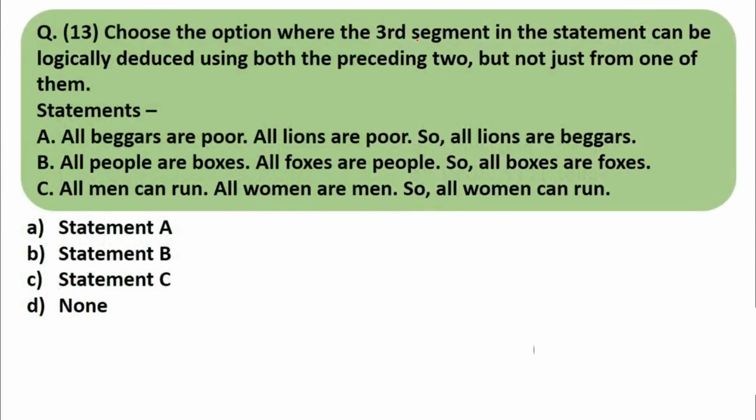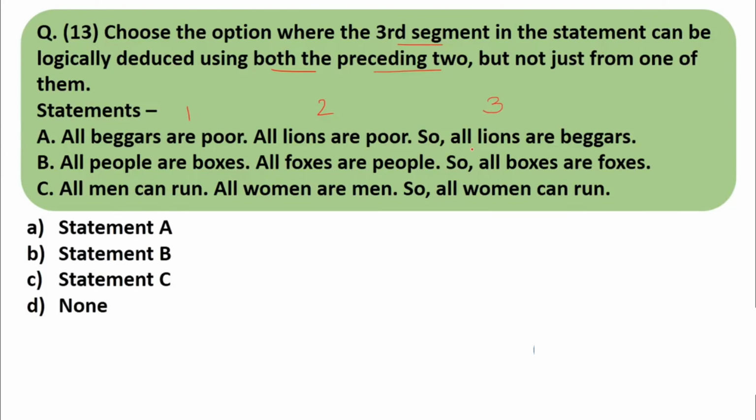Choose the option where the third segment in the statement can be logically deduced using both the preceding two, but not just from one of them. What does this mean? They have given us three statements A, B, C. Each of these statements has three segments.